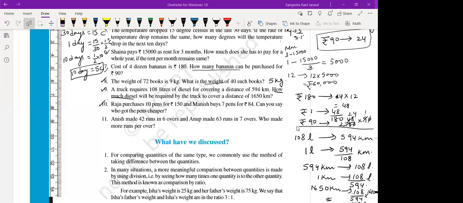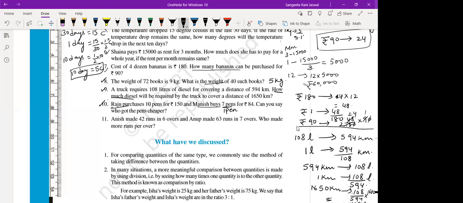Ma'am, first we'll find the cost for 1 pen. We will find the cost of 1 pen for Raju, and whatever Manish purchased, for that also we will find the cost of 1 pen.